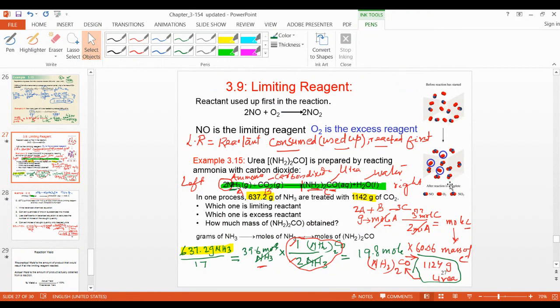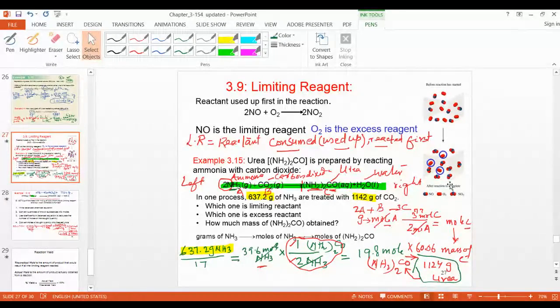It means whatever reactant finishes, the product is formed. Otherwise, the product will not form. It means that the limiting reactant, number one, consumes first. Number two, it controls product formation.